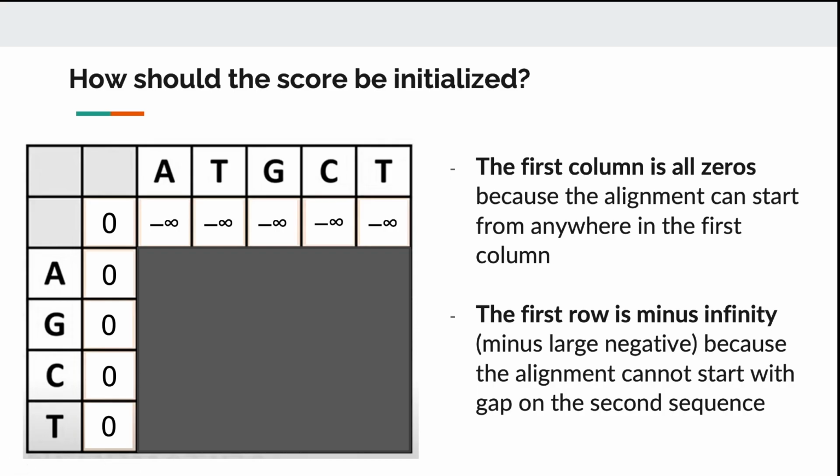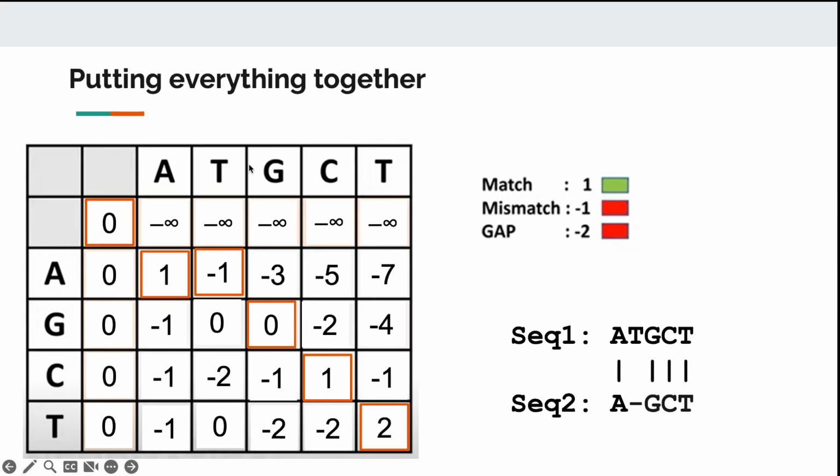And you cannot do that because you have to consider the prefix of the second sequence. So this is the condition that reflects the concept that the alignment that we are going to have here has to be a suffix of the first sequence and a prefix of the second sequence. Okay. So let's see how this works.